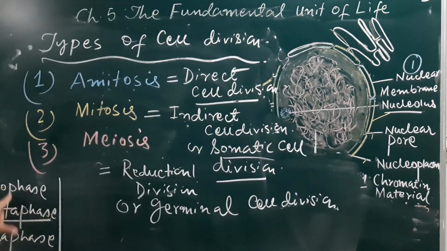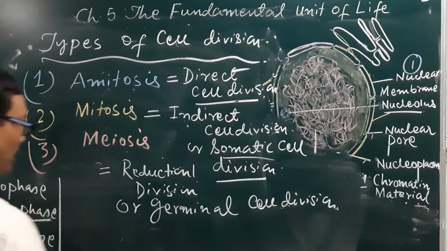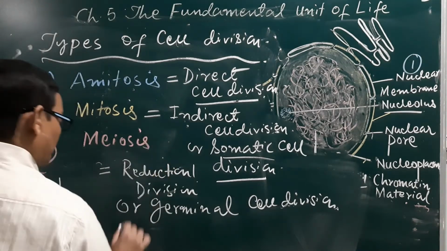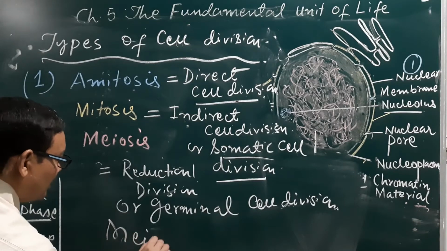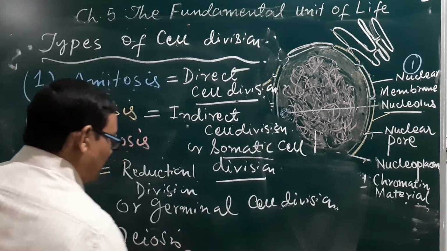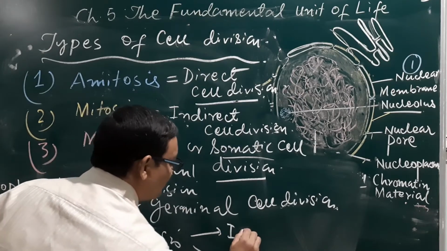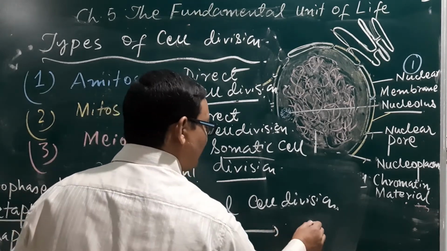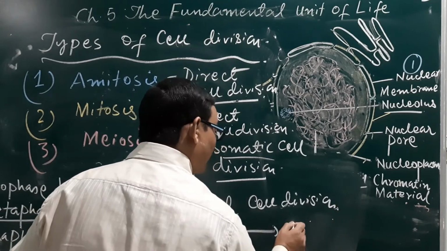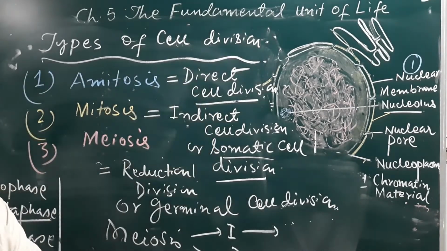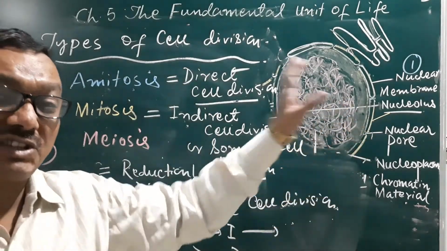Here you have seen the different 4 phases. In case of meiosis, it is not only that, meiosis comprises two divisions: meiosis 1 and meiosis 2. In meiosis 1 there is prophase 1, metaphase 1, anaphase 1, telophase 1, and prophase 1 is again divisible into 5 different substages.